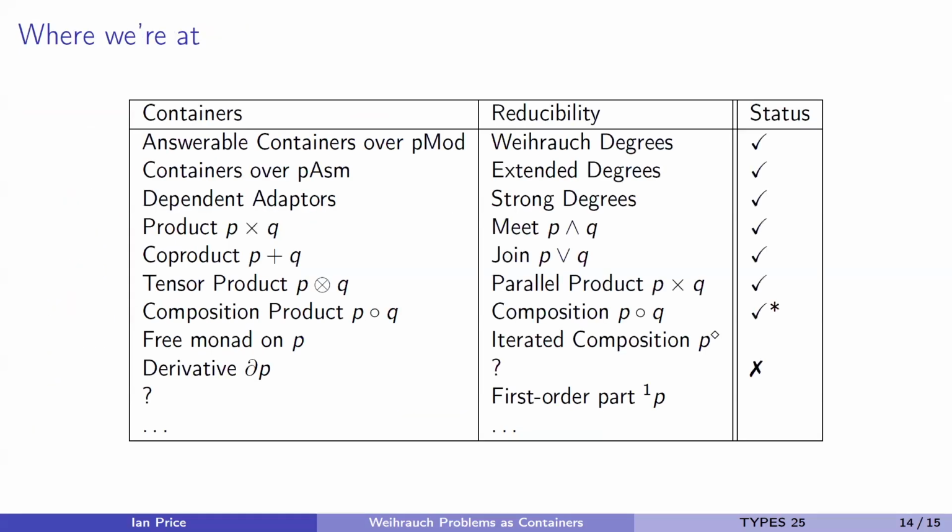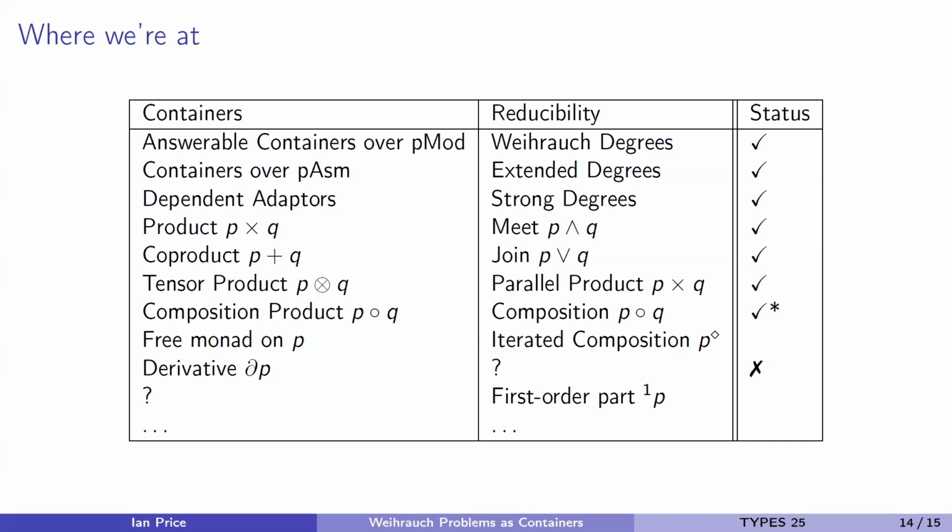And here is my table. I like a good table. So in this framework, we're able to handle the Weihrauch degrees, also Andrej Bauer's extended Weihrauch degrees. You just work over a different category. Thanks to people at Strathclyde, this strong reducibility notion is something we can do with things called dependent adapters.